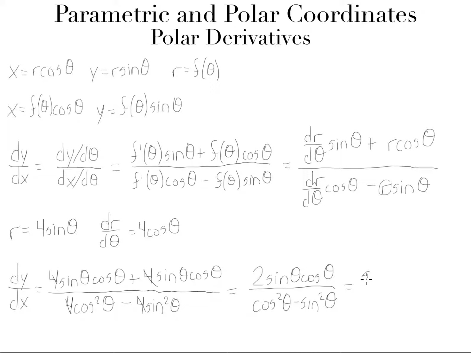The numerator is the double angle sine identity, sine 2 theta, and the denominator is the double angle cosine identity, cosine 2 theta. Since after all, this is not the base trigonometric identity because of this minus sign. So now since we have sine over cosine, we can rewrite this one more time as tan 2 theta. So this is our derivative in polar coordinates.